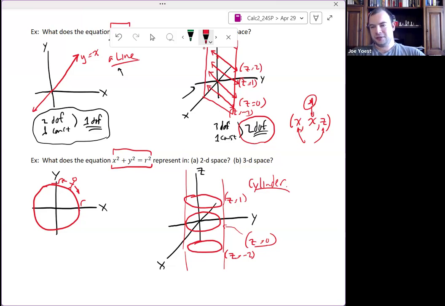I started with 3 degrees of freedom. I imposed 1 constraint. I should end up with 2 degrees of freedom. If I imagine myself kind of like a little ant or something, standing on the surface of a pot can, well, I can go, in some sense, forwards or backwards, around the radius of the can, or I can go up or down, along the z axis of the can.